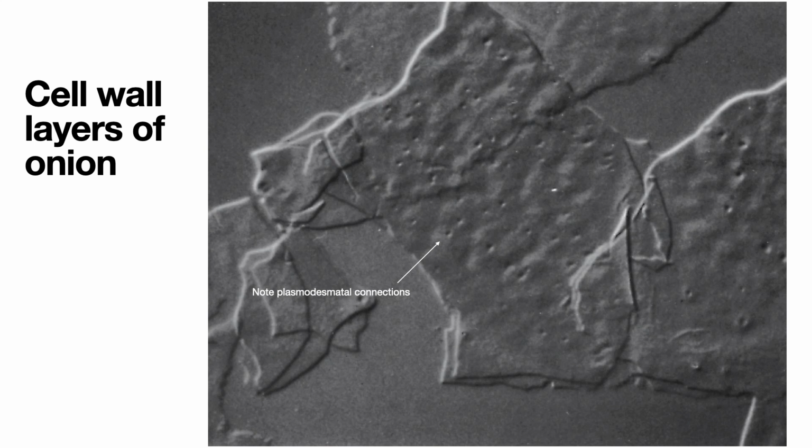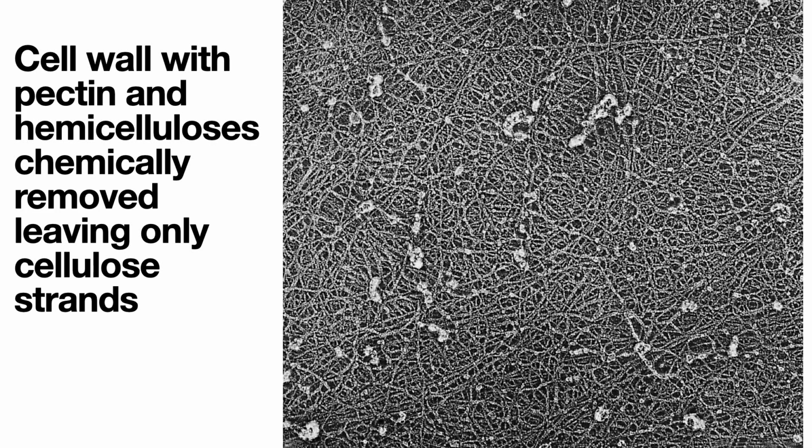And these are the plasmodesmatal connections that are going between the cells. So what can we learn from these cell layers? How are they created? We can look a little bit more closely at the structure of the cell wall if we remove the hemicelluloses and pectins from the cell wall using various chemicals. What remains then is the cellulose in the wall. This figure demonstrates what this would look like.